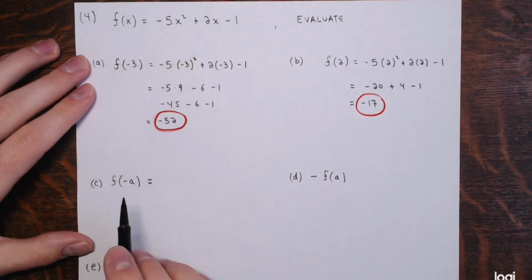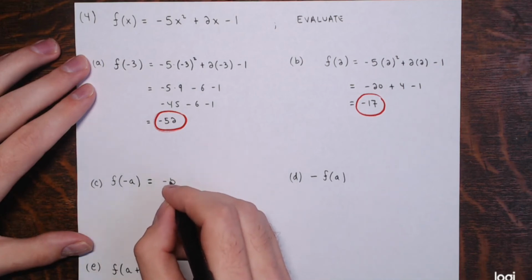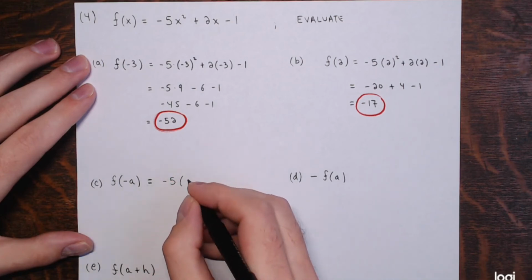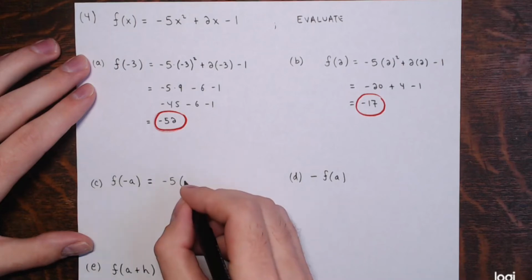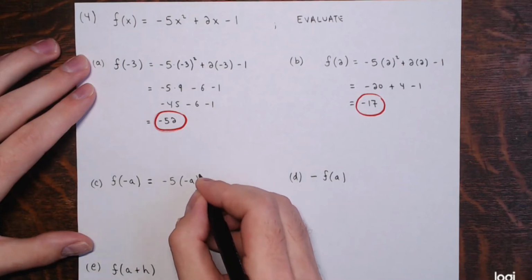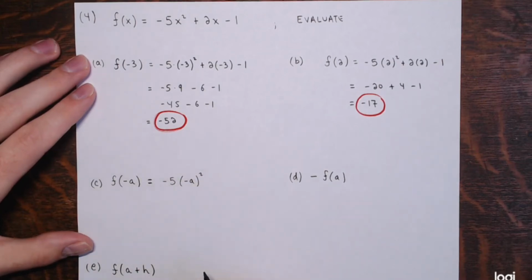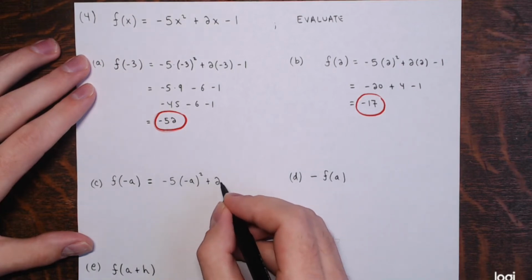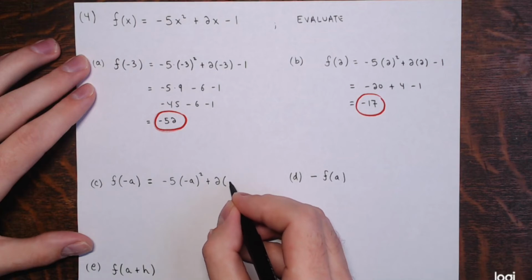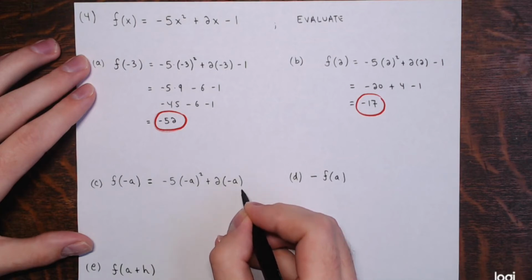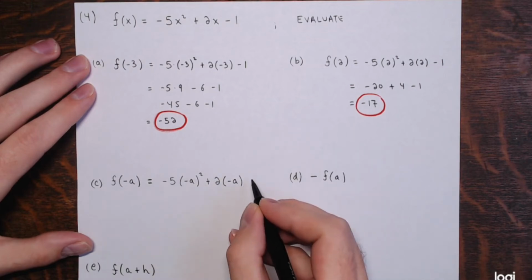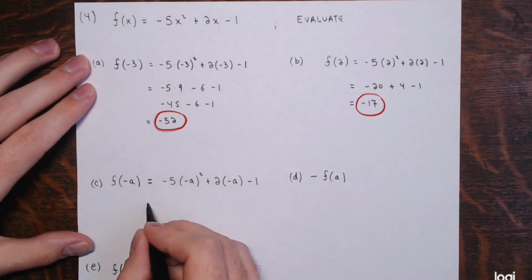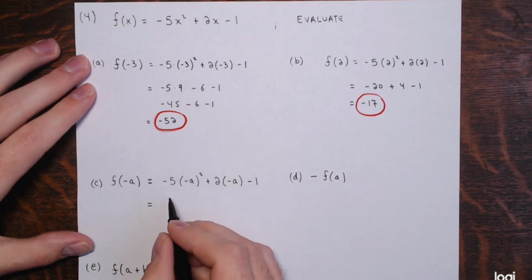So this is going to be negative 5 times, and then instead of x squared, now x is replaced by negative a. So negative a, to the second, plus 2 times negative a, right? X is replaced with negative a, and then minus 1, and then we simplify, and we get negative 5.